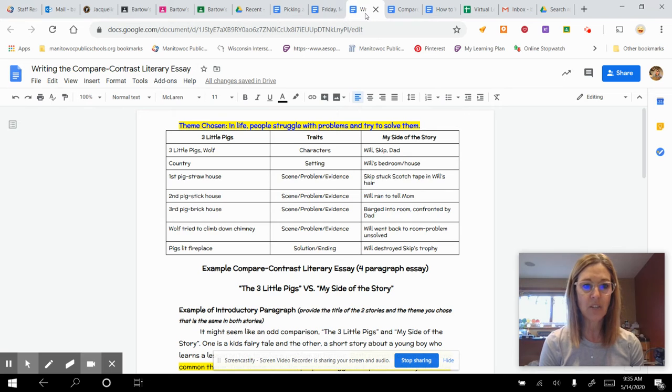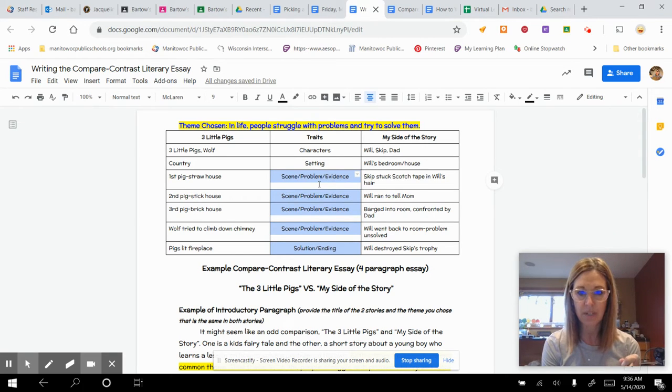Okay, so yesterday I shared with you how we took the chosen theme and I pulled it right off of the universal chart. I then compared my two stories, Three Little Pigs and My Side of the Story, and I selected evidence that supports the theme that I chose.